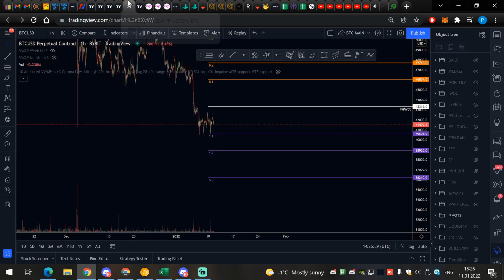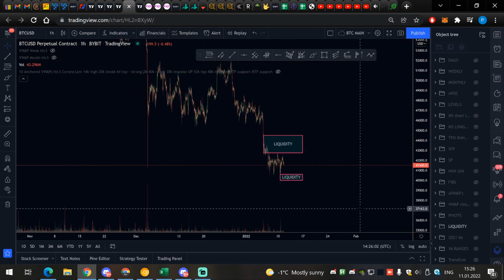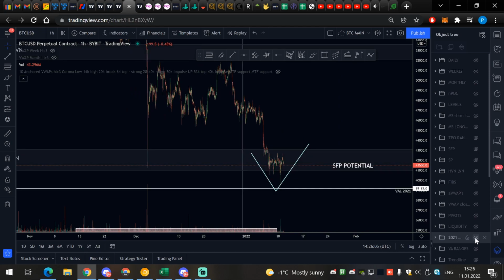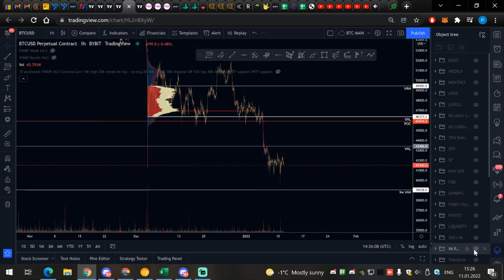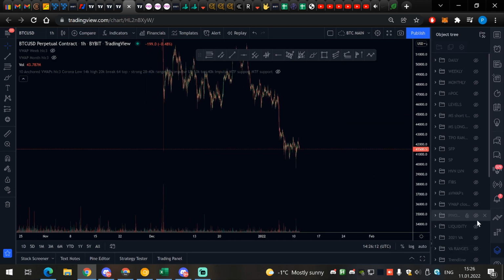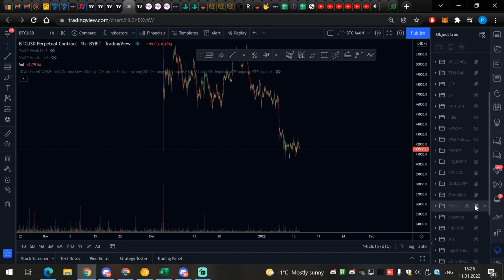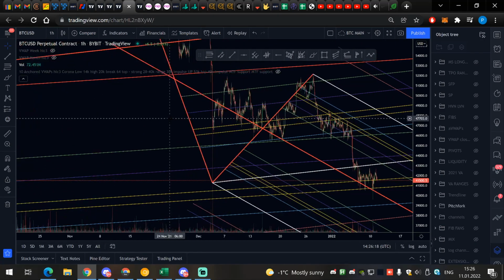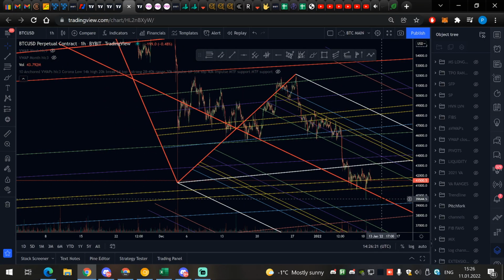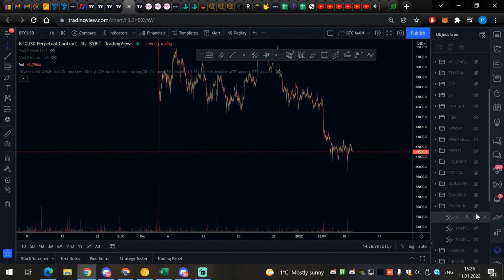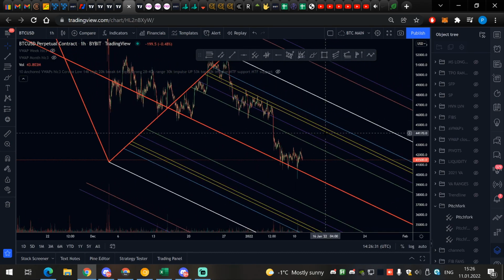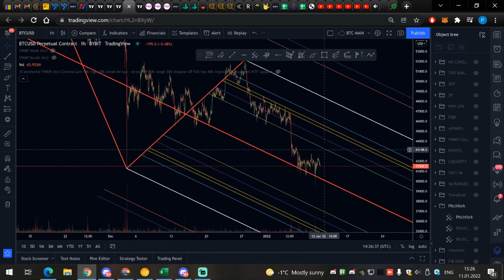Alright, very good. We can watch pitchforks, how they can help our trades. This pitchfork can be used.